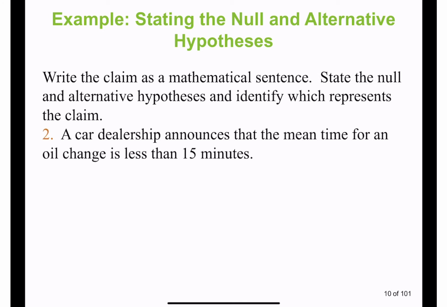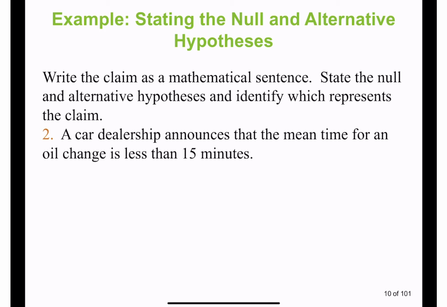Write the claim as a mathematical statement, a sentence. Okay, a car dealership announced that the mean time for an oil change is less than 15 minutes. I'll tell you up front, I don't believe it. That would be a dream never coming true, a 15 minute oil change.